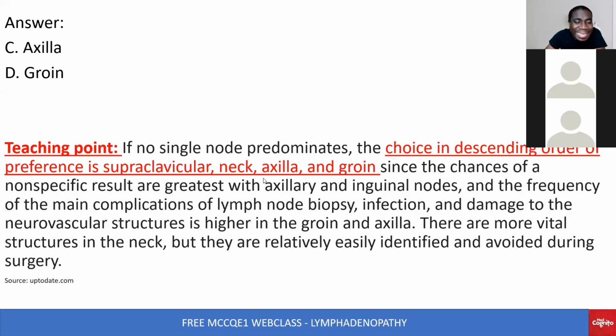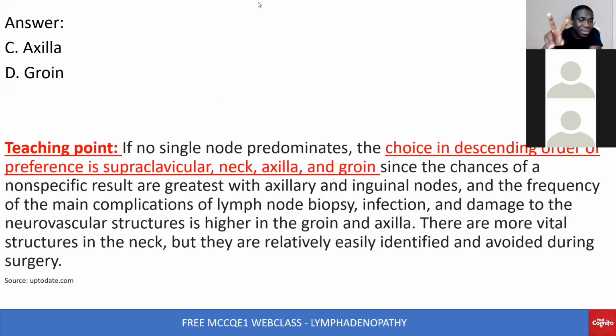If no single node predominates, so in other words, if the person has generalized lymphadenopathy, the choice in descending order of preference is supraclavicular, which is the one you want to encourage more, neck, axilla, and groin.